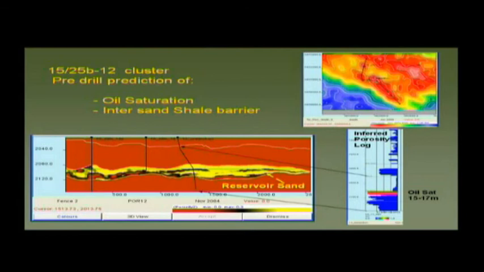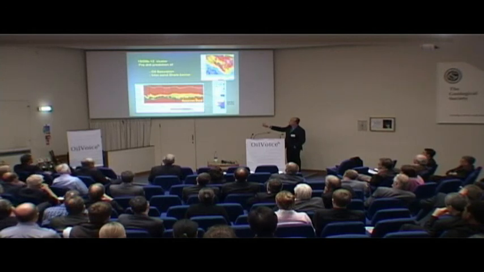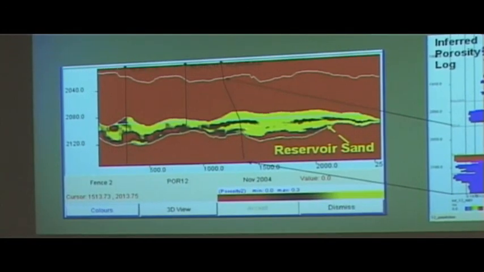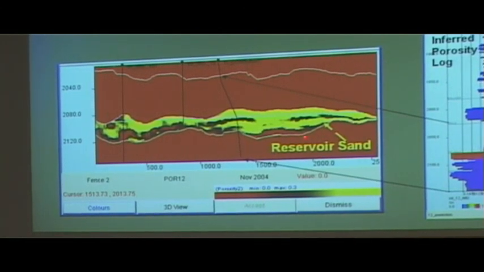With this one, we'll start to pick up oil saturation, 15, 17 meters here. You start to see a few meter scale barriers underneath the oil-producing sand. So when you've got situations like that, these are good places to put producers, because if you've got a shale underneath, you're not going to get water ingress coming in very quickly. So this kind of definition at the meter scale is extremely useful.